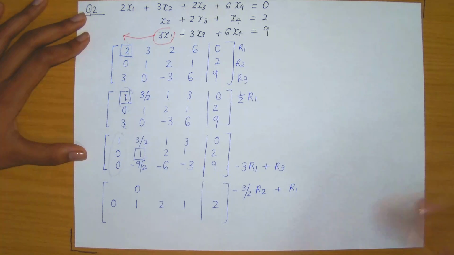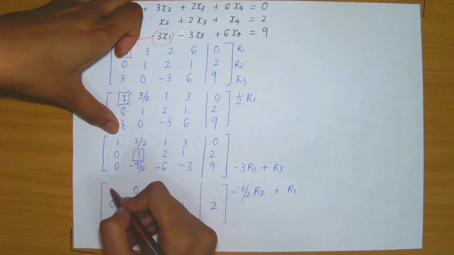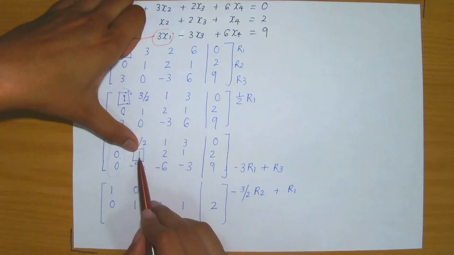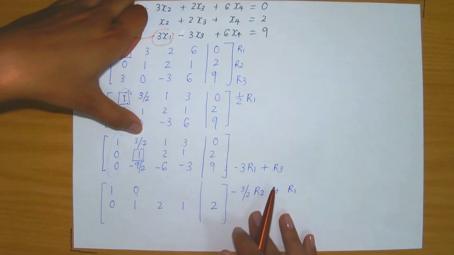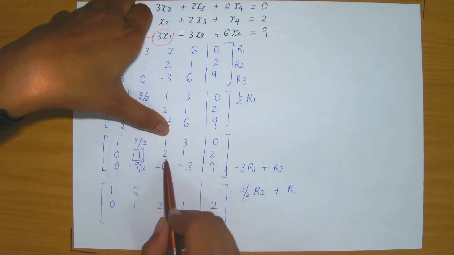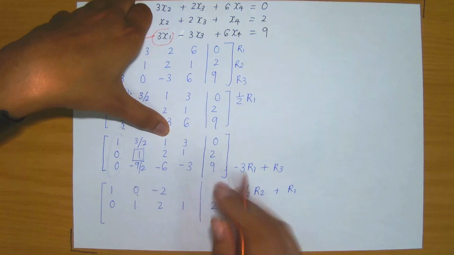So now let's be careful and let's follow through with this procedure. Multiply row 2 by negative 3 over 2 and add it to row 1. So it's 0 times negative 3 over 2 plus 1, which is 1. It's negative 3 over 2 times 1 plus 3 over 2, which is the desired 0. Right, moving on. Minus 3 over 2 times 2 is negative 3 plus 1 is negative 2.